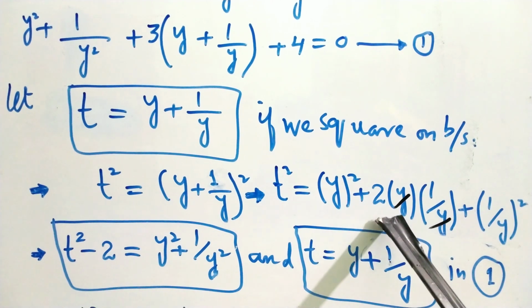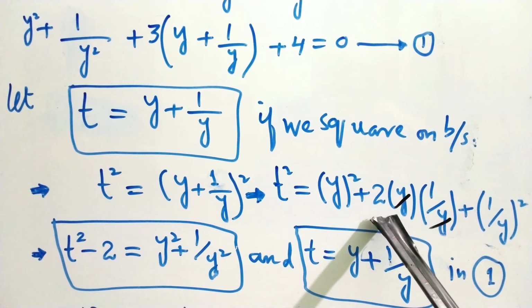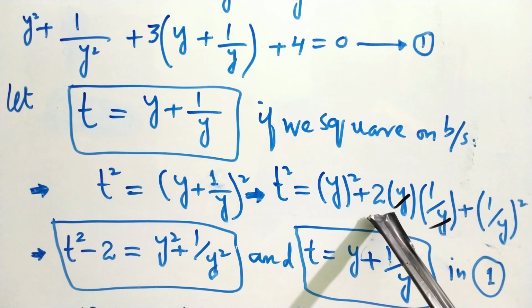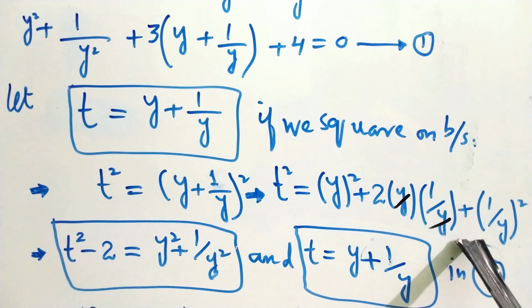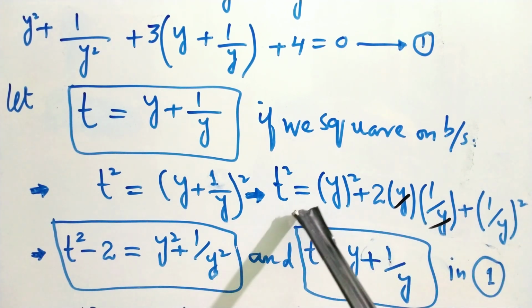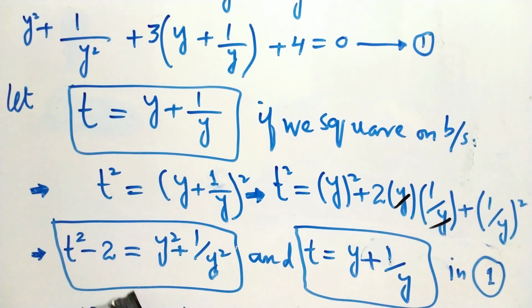Plus 2 is being added over here, so it will be shifted to the left hand side, where it will be subtracted, or it will be negative. So y square plus 1 over y square will be equal to t square minus 2. This one, t square minus 2 is equal to y square plus 1 over y square, and t is equal to y plus 1 over y.